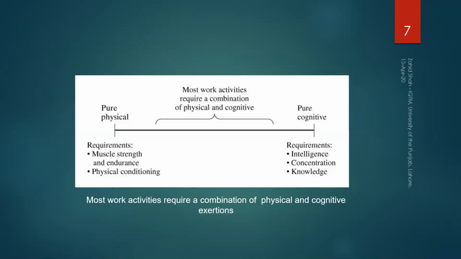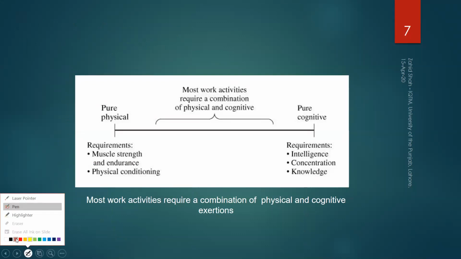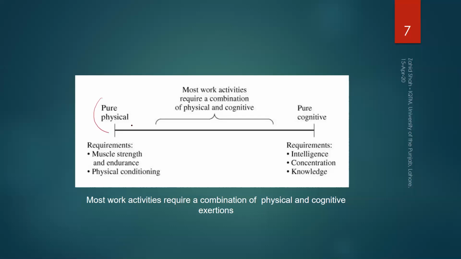So this division of human factors into physical and cognitive is not discrete. Now you can see that, for example, on one extreme there are purely physical activities. On the right extreme, for example, there are purely cognitive activities, and there is a continuum between these two.